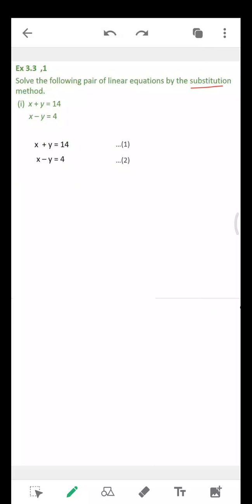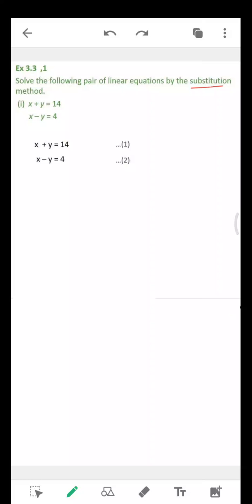So what do you mean by substitute? General meaning of substitute is to put somebody in place of other, to replace somebody with somebody else, or to put some value in some other place.